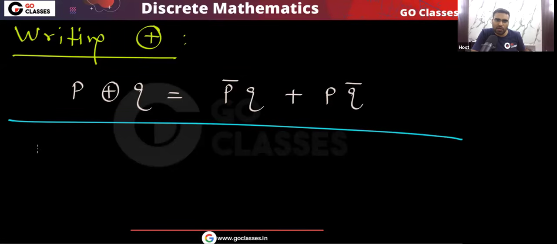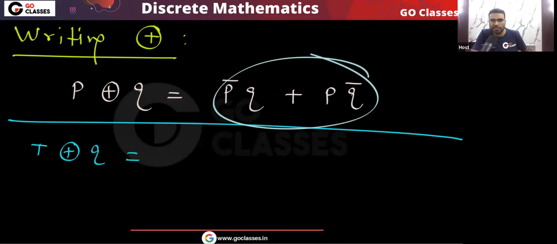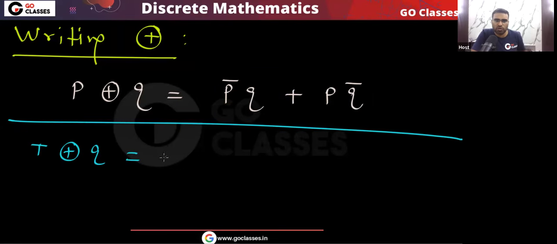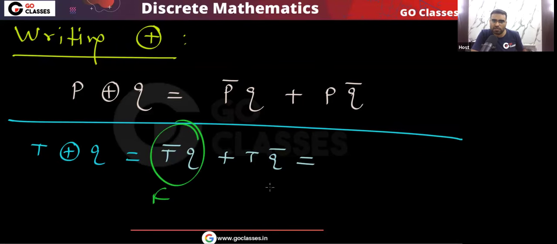For example, tell me, what will be true XOR Q? Just apply this equation. That will be very simple: true bar Q or true Q bar. True bar is false, so false and Q is false.